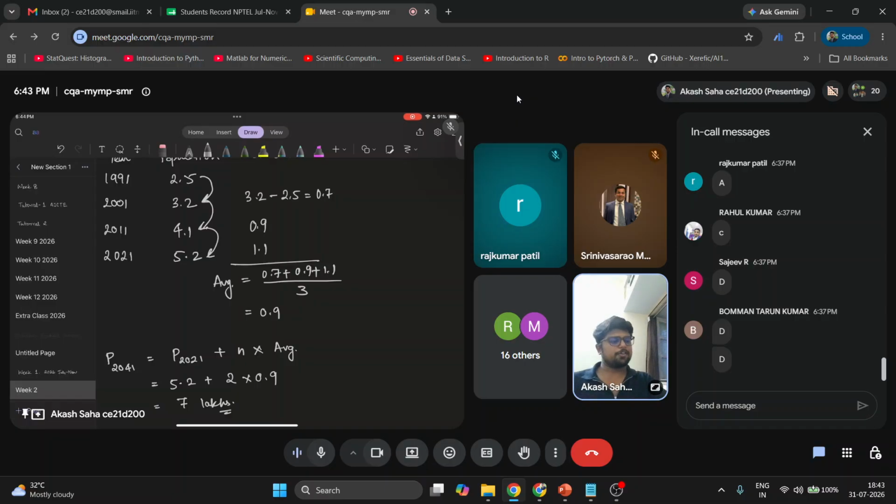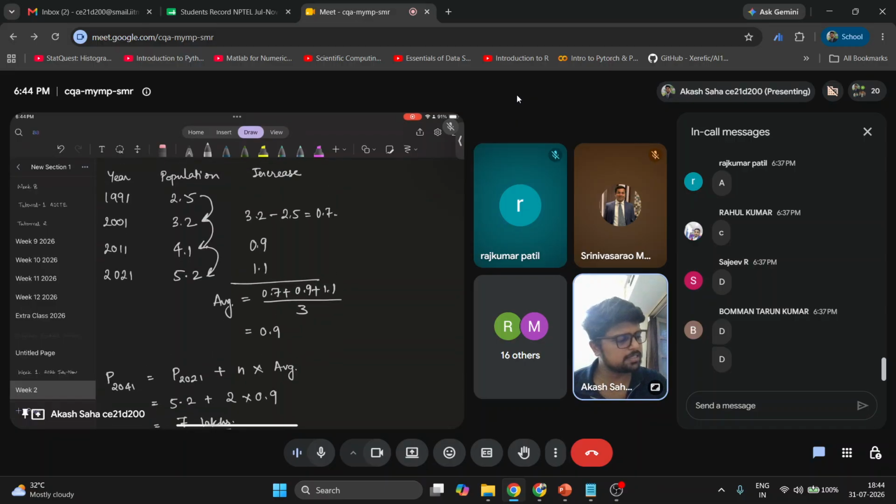That's how we have to do it. First calculate the individual increases, take their average, and then multiply it with the number of decades from where we are counting. If they had asked for 2071, then n would be equal to 5. Like that we have to take. I hope this is clear to all of you.